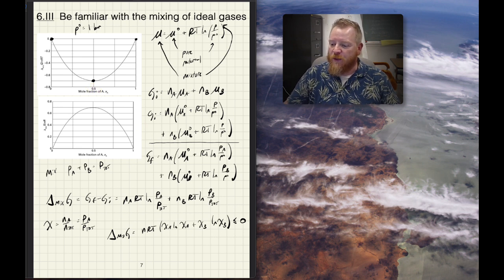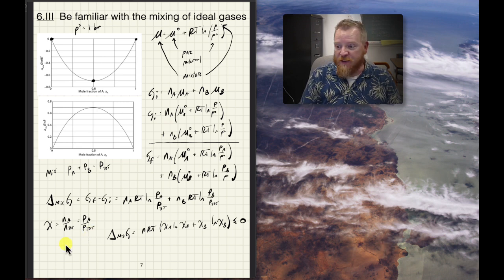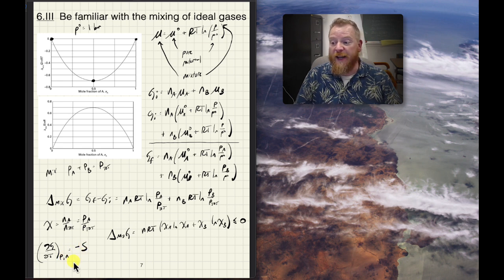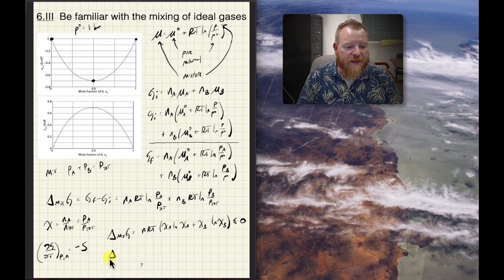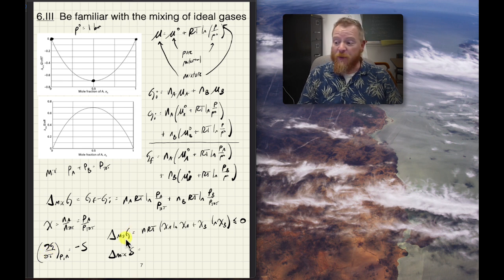So we could also then, in this same discussion, think about what happens to the entropy on mixing ideal gases. So right here on the side, I can write the partial of G with respect to changes in T at constant pressure and constant number of moles equals negative entropy, right? So very easily, I can just write the change in entropy upon mixing by putting a negative sign and taking this expression, the derivative with respect to temperature.